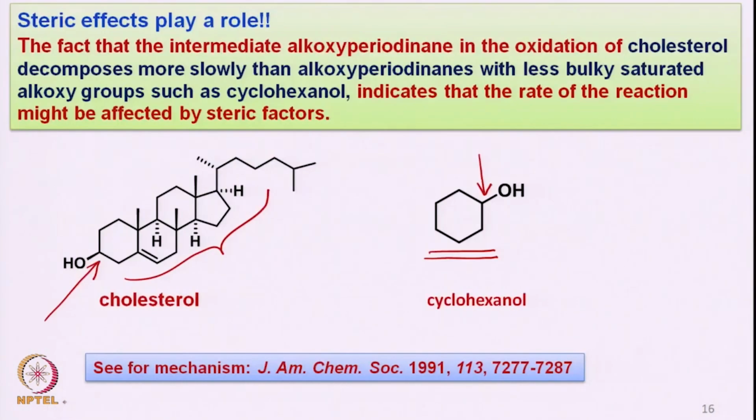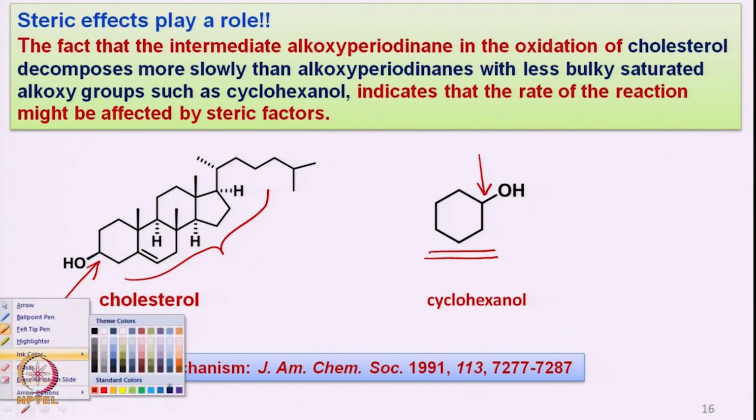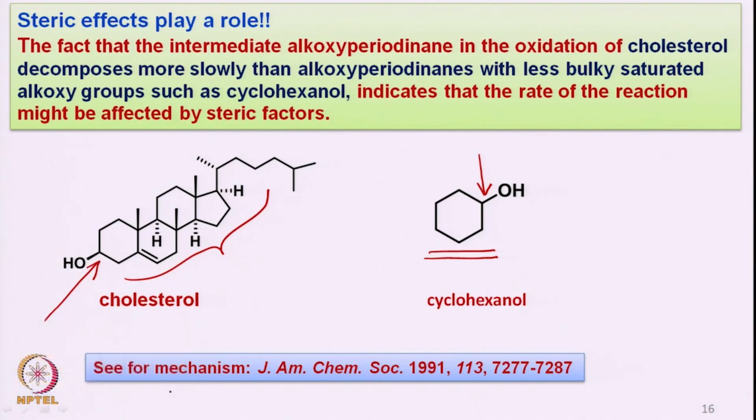And that is the reason why these type of mechanisms or transition states involving 5 and 7-member rings are introduced, and there is a very nice description of these mechanistic aspects in this particular paper, which was published in 1991.